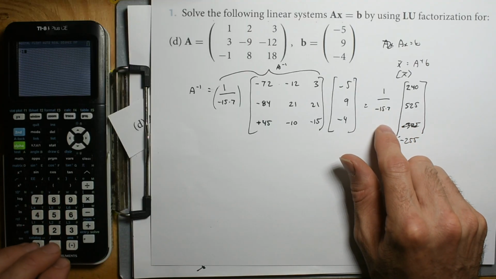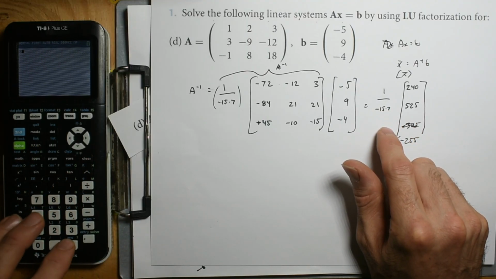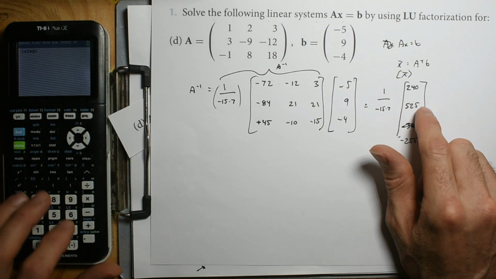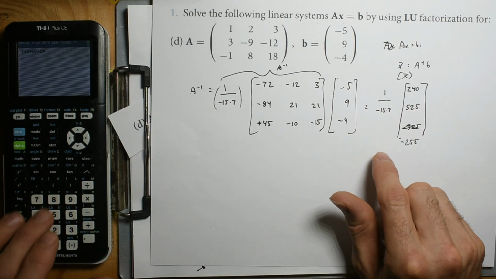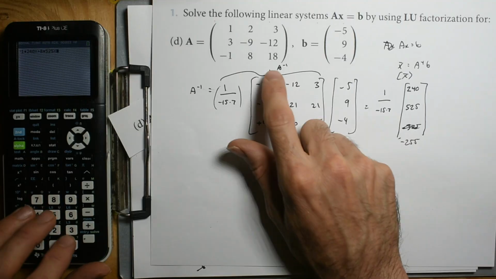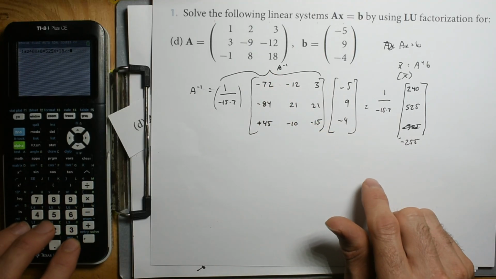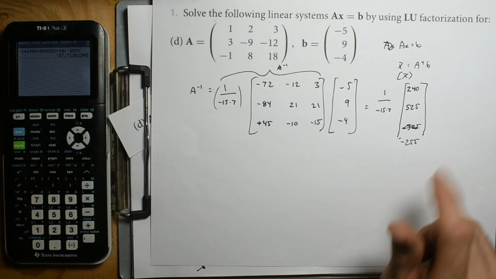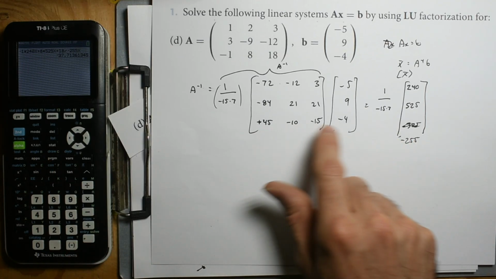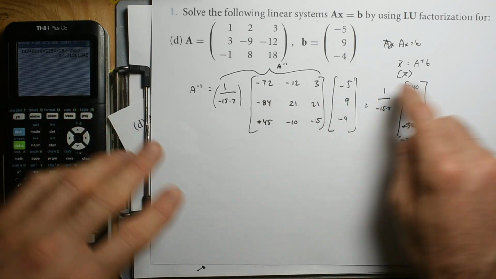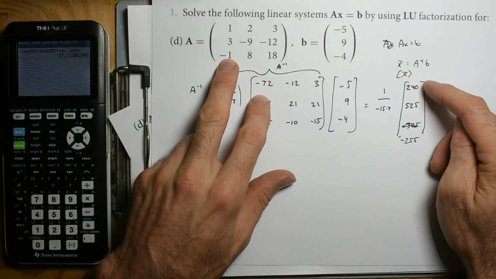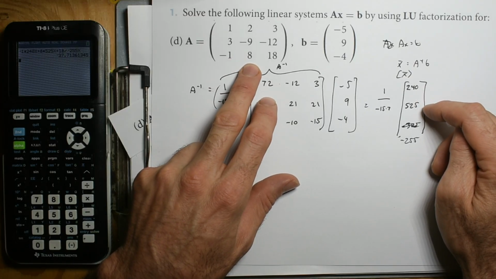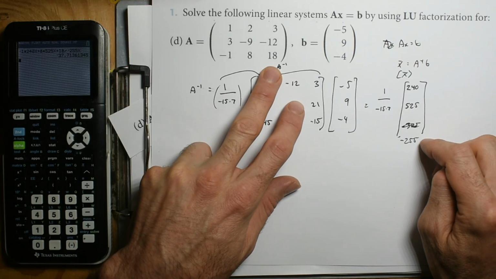Alright, so we have negative 1 times 240x plus 8 times 525x plus 18 times negative 255x. See, that's the one that's wrong. So maybe negative 1 times 240x plus 8 times 525x plus 18.